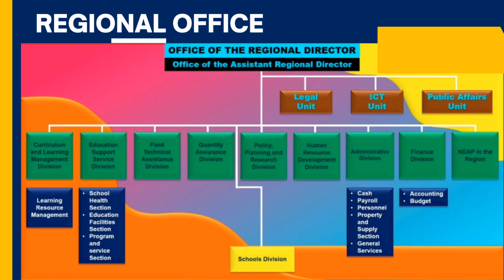Just under this office, we have the Curriculum and Learning Management Division, Education Support Service Division, Field Technical Assistance Division, Quality Assurance Division, Policy Planning and Research Division, Human Resource Development Division, Administrative Division, Finance Division, and NAEP in the region.